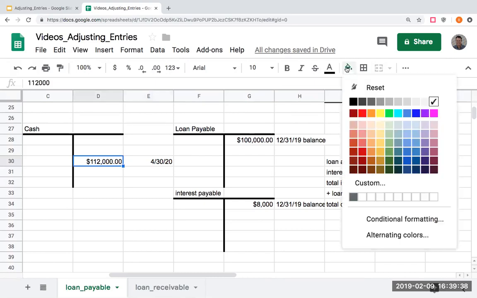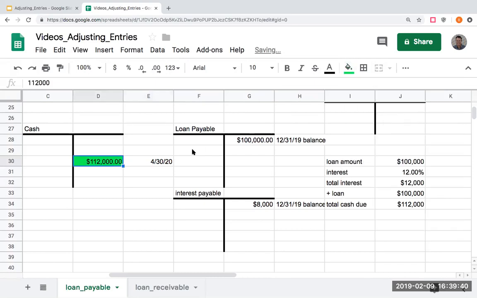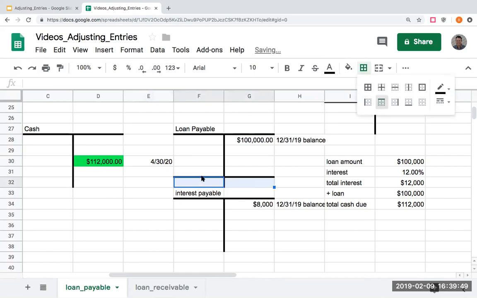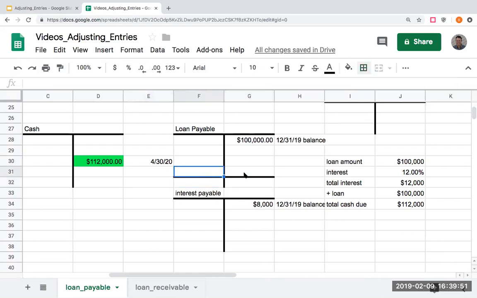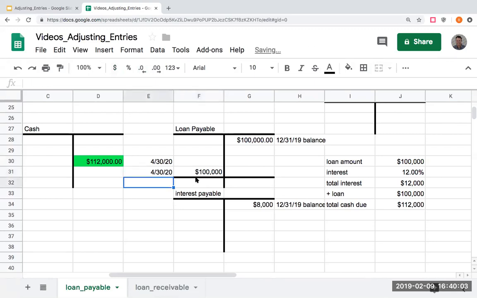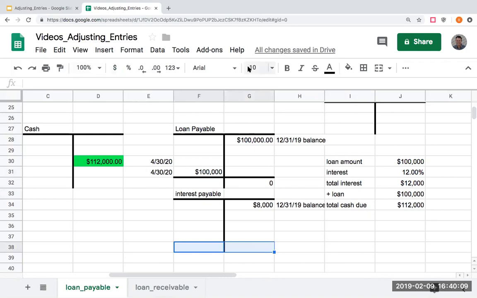So for every credit, I need a debit. When this balance gets paid off, do I have any remaining balance in my loan payable account? And the answer to that is going to be no. So I'm going to debit my loan payable here for $100,000. And now that this balance is also zero, the other question is, do I have any interest payable left?